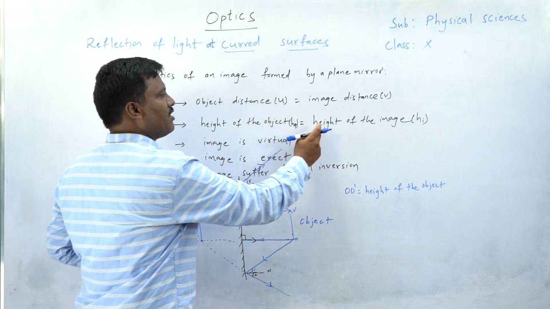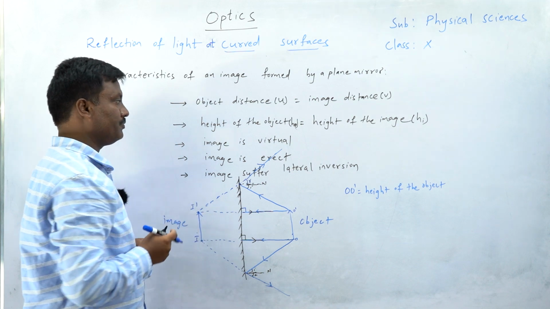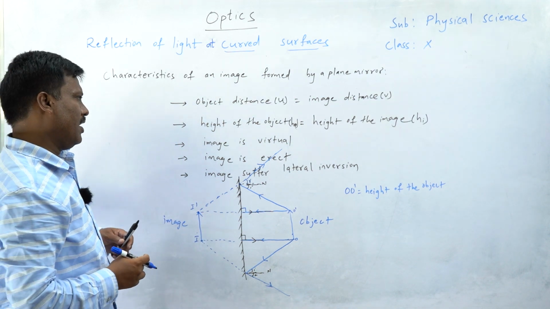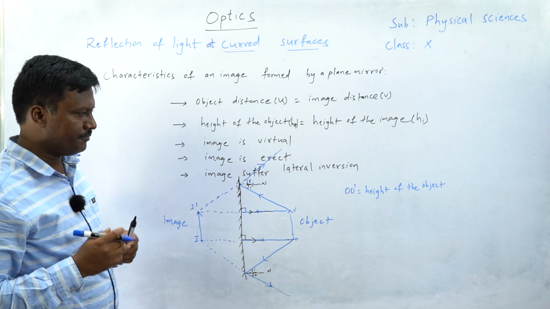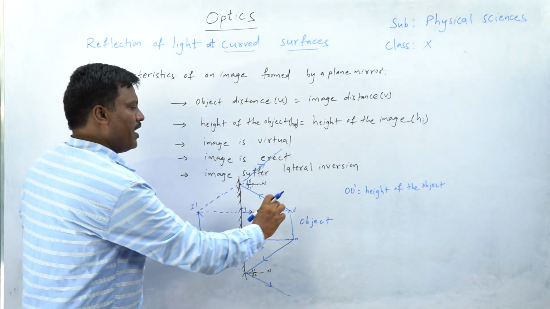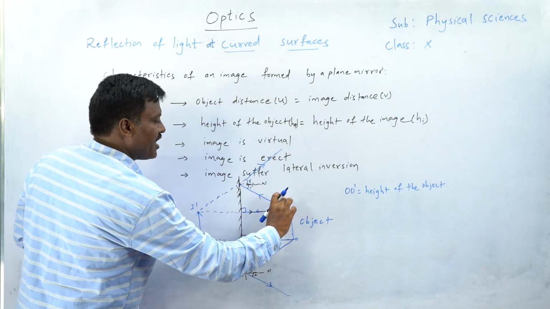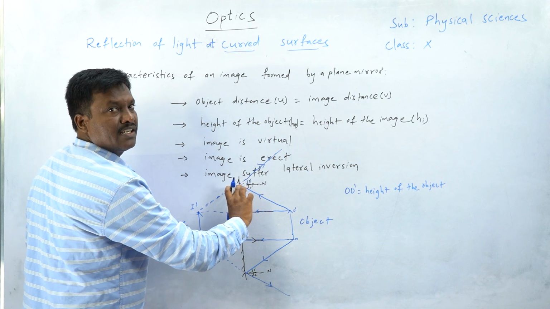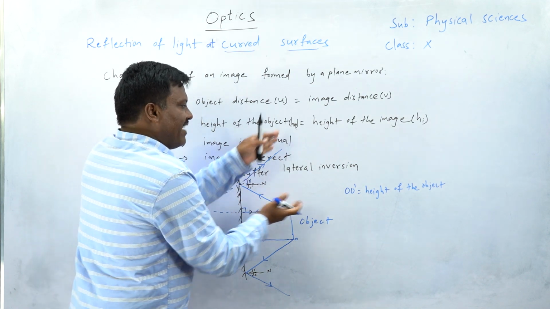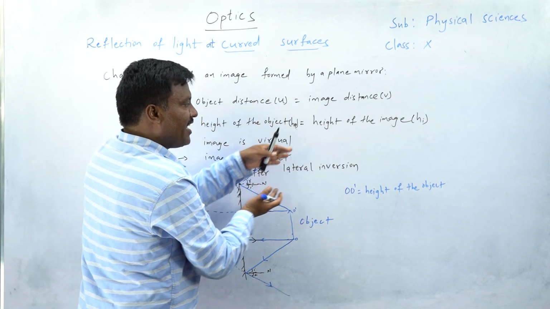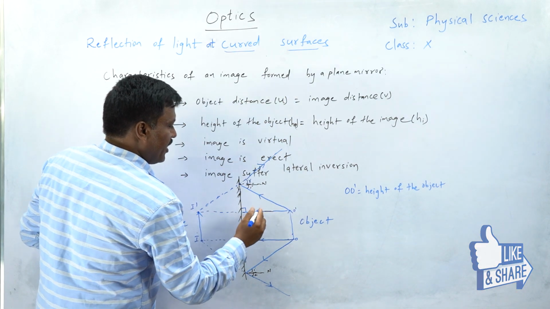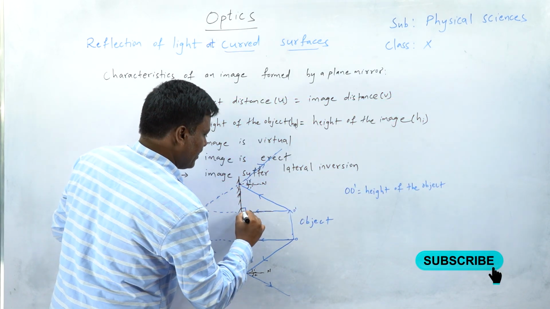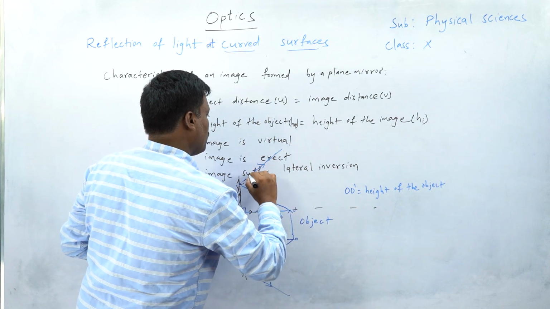The height of the object is equal to the height of the image. And the image is virtual. See, generally, rays coming from the object, after being incident on the mirror, diverge. They do not meet. If I extend this reflected ray, this ray goes this way and this ray goes this way.